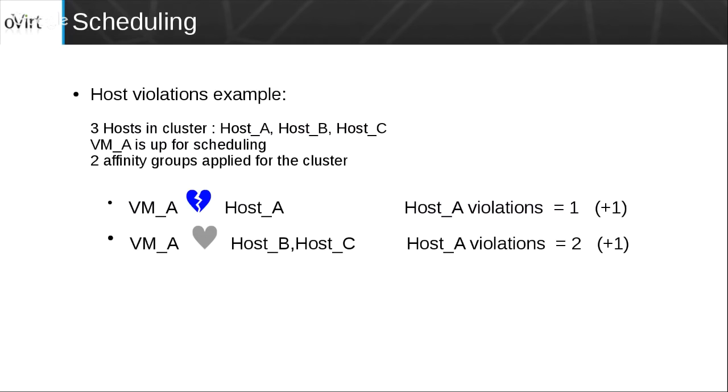So imagine the following scenario. We have 3 hosts in a cluster, A, B, and C, and we have VM A that is up for scheduling. In our system, we have 2 affinity groups applied for the cluster.